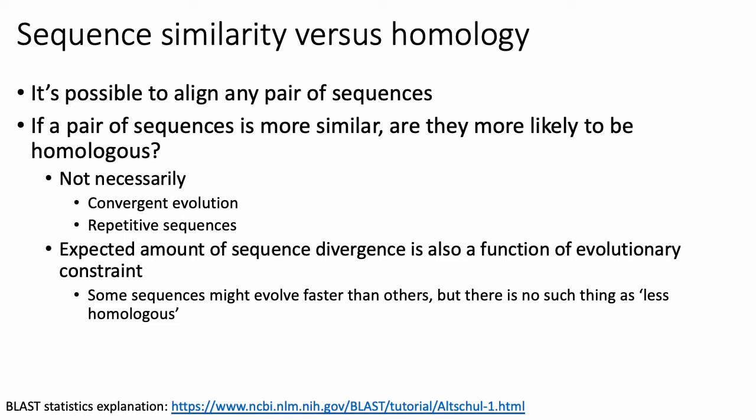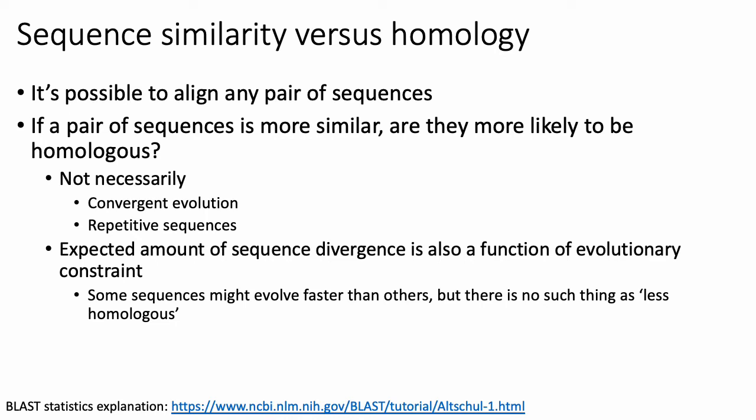It's also worth pointing out that for a given pair of sequences, even with functional constraints, sequences can diverge over time because of lack of selection or other processes. If you're aligning a pair of sequences from two different genomes, depending on where in the genome those sequences come from, some sequences may evolve faster than others.